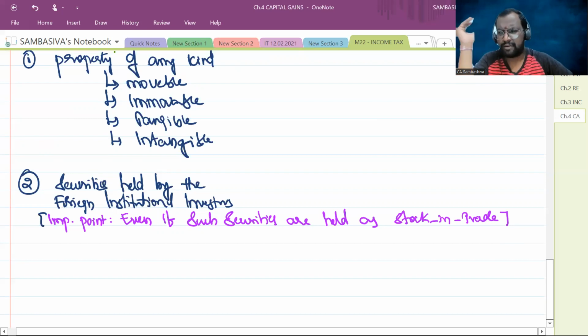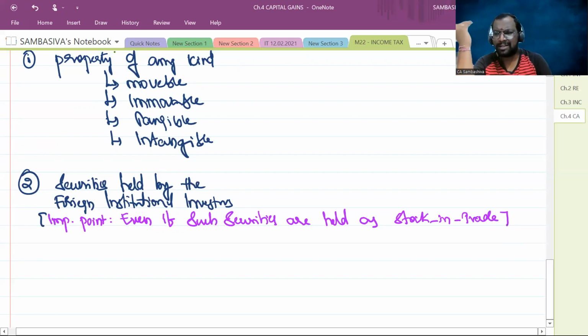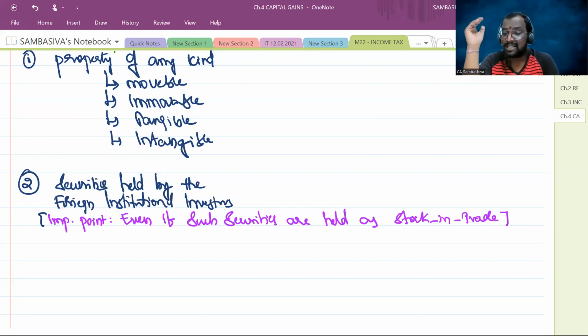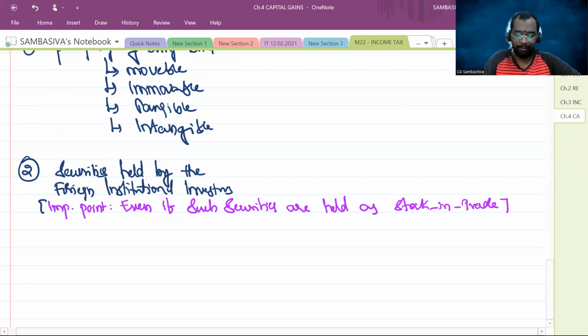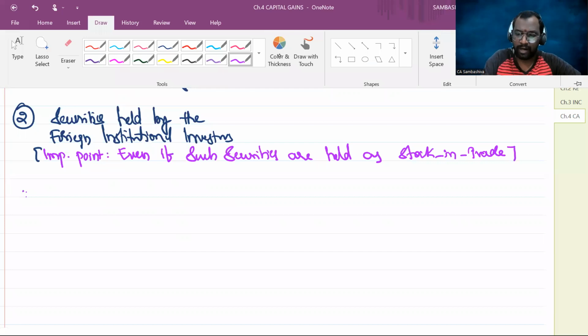So any kind of securities held by the foreign institutional investors, FIIs, it is a capital asset. Whether they are holding the securities as an investment or as stock in trade, irrespective, it will be a capital asset in the hands of the foreign institutional investors. Clear? And number 3, latest amendment by the Finance Act 2021.